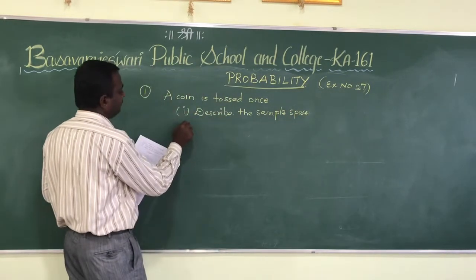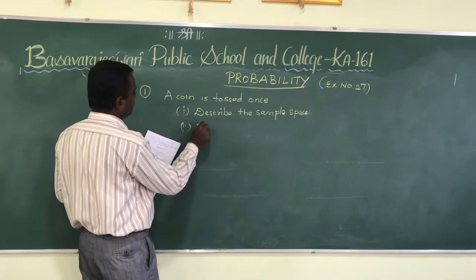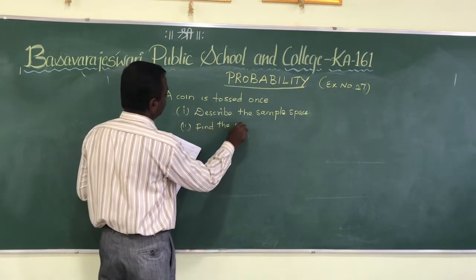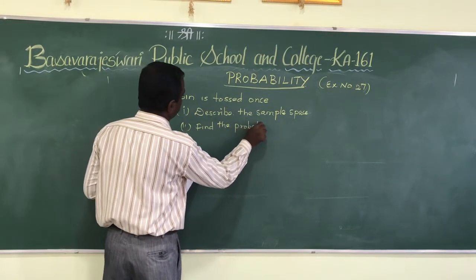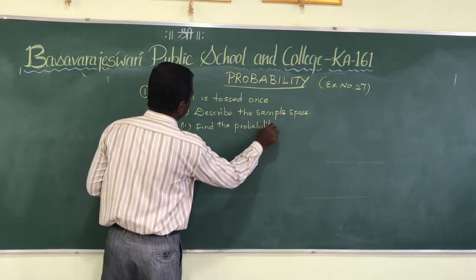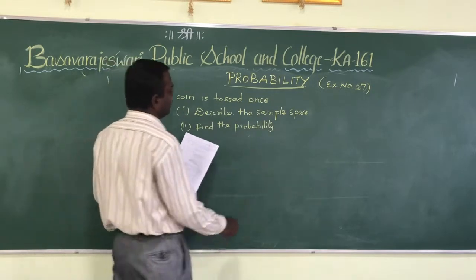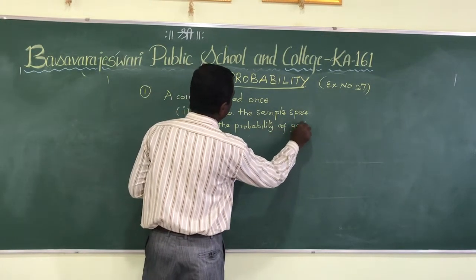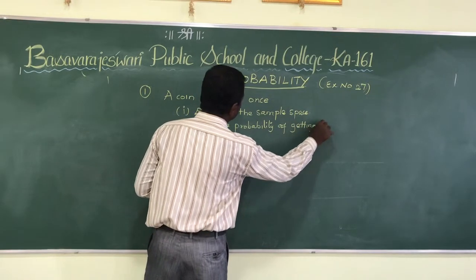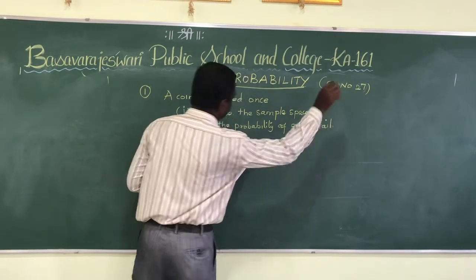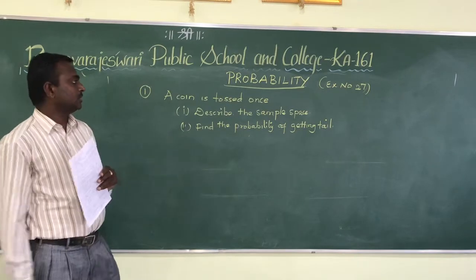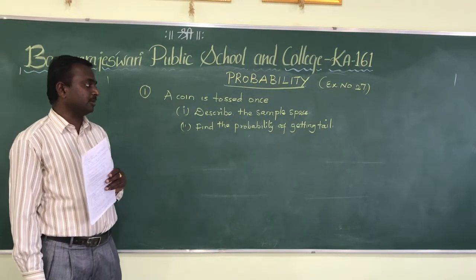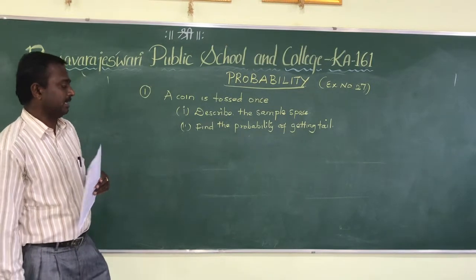Second, find the probability of getting tail. So this is the question. A coin is tossed once. Describe the sample space. Second, find the probability of getting tail.